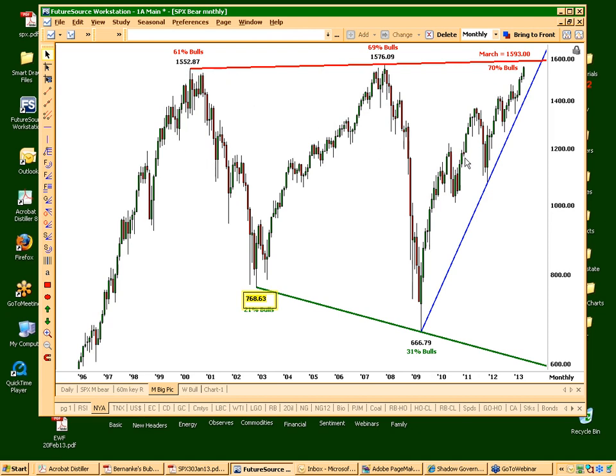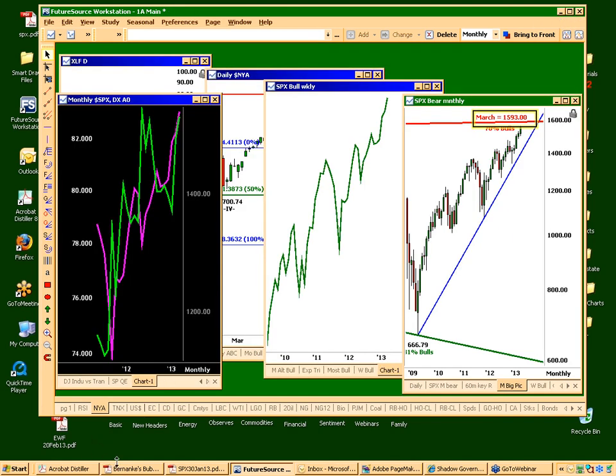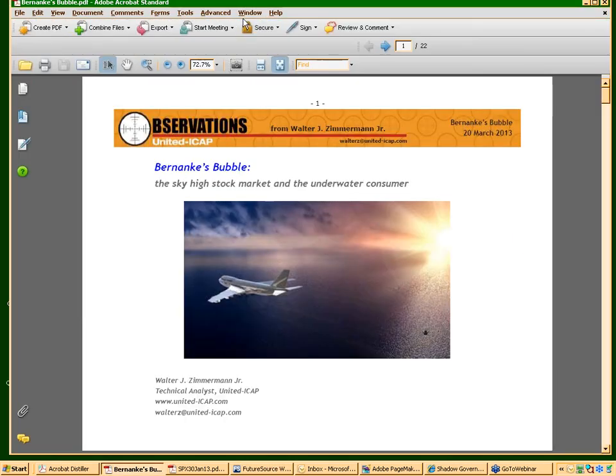Can we find evidence that this is a bubble? The internet bubble was Greenspan's, the housing bubble was Greenspan's. Is this Bernanke's bubble unfolding here? So that's the backdrop. Now let's go into the material.